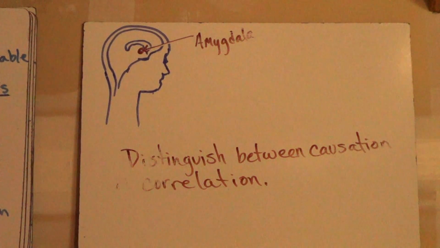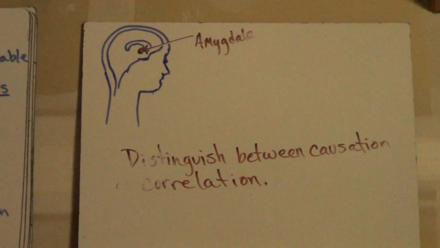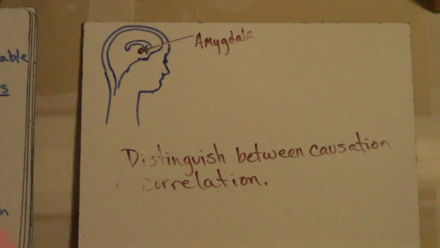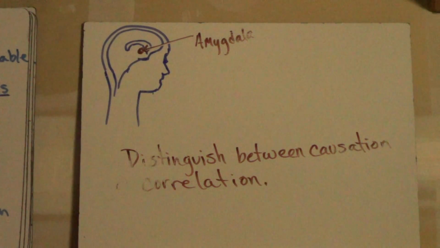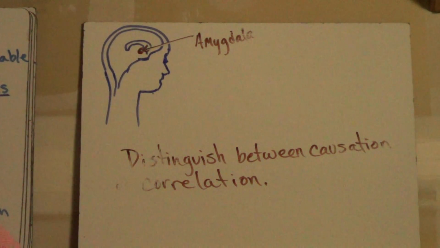But then they started to wonder, well, did they have the larger amygdala before they had the social circle and one caused the other? Or does having the larger social circle cause the plasticity of your brain to increase the size of the amygdala?